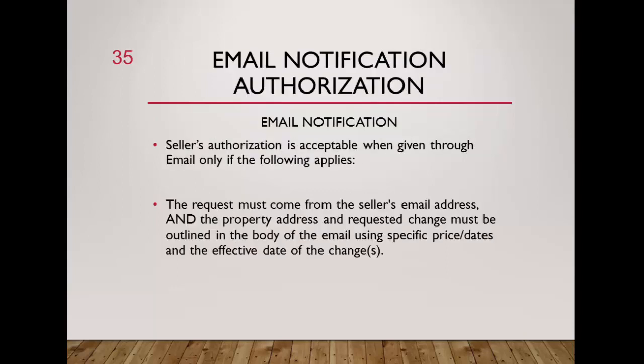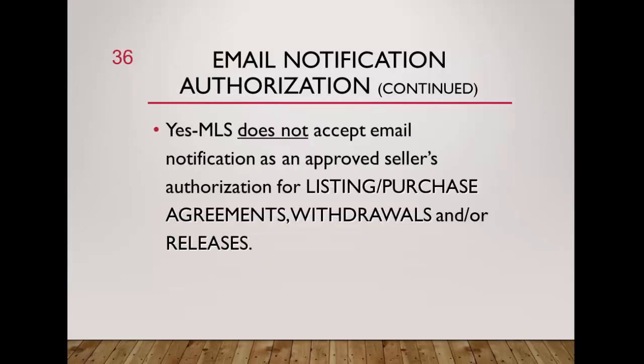Email notification can be given as long as the following applies. The request must come from your seller's email address, and the property address and requested changes must be outlined in the body of that email using very specific dates and prices and effective dates of the change that being requested. We do not accept an email notification for things such as a listing or purchase agreement, withdrawals, or mutual releases.